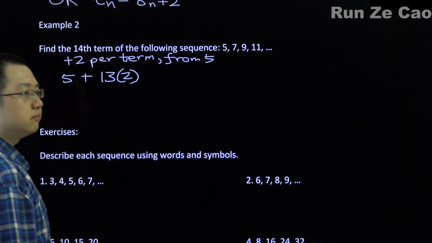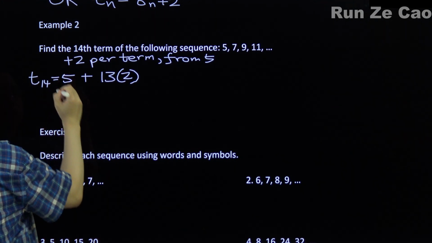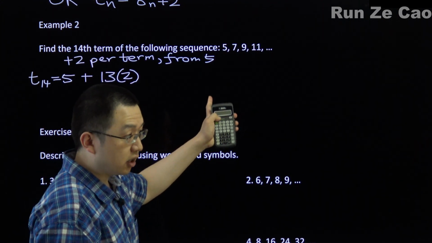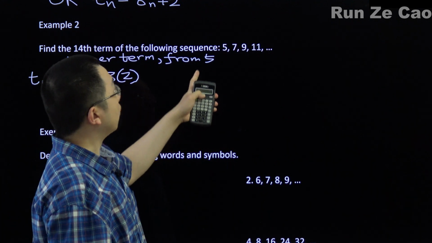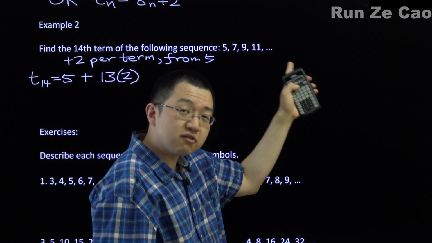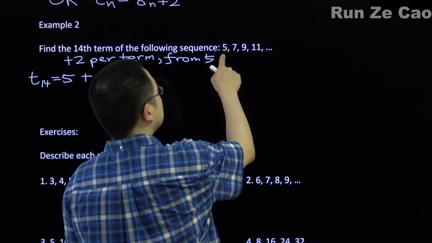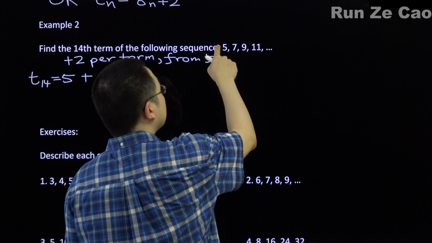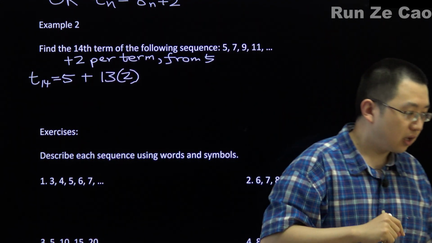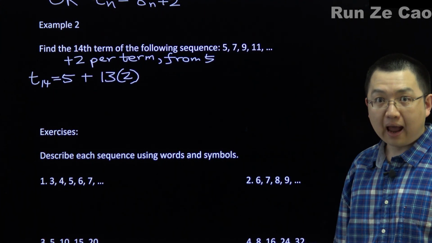Why 13? Well, it's because you have your term 1. To get to term 2, you take a single plus 2. To get from term 1 to term 3 takes 2 plus 2's. And to get from term 1 to term 4 takes 3 plus 2's. So to get from term 1 to term 14 takes 13 gaps.